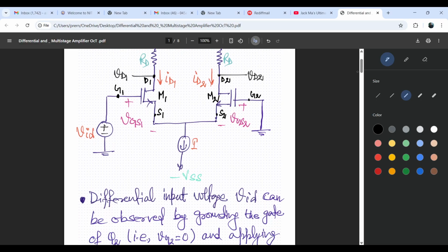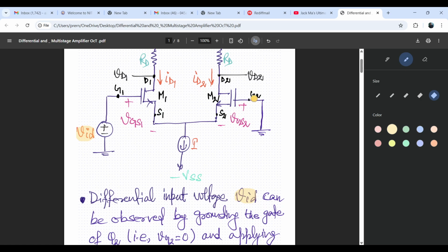So we are discussing the differential input voltage. Here we observe that the differential input voltage, that is our VID, can be applied by grounding the gate terminal.